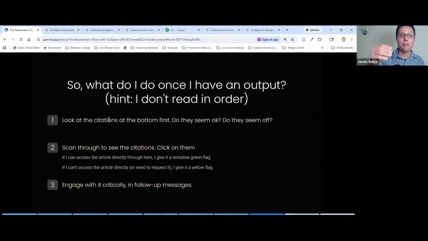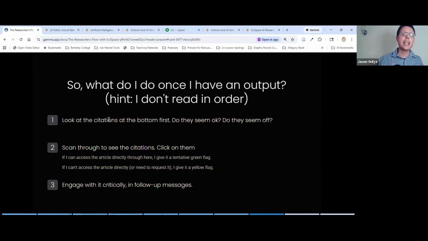Sometimes it may not have direct access to that article. And then the question is, maybe I have to do additional verification, right? And that's all this is about. That yellow flag allows you to say, I really need to verify that, get that source, do a little bit more of a dive. And that's important, figuring out what to verify and what is probably okay.